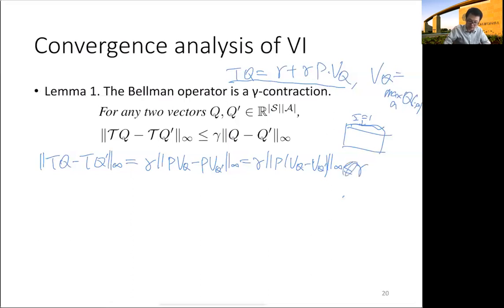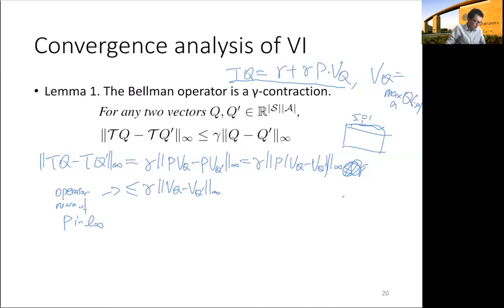So we can bound this by the L infinity norm of VQ minus VQ prime, by applying the operator norm of P in L infinity. This can be calculated easily by considering that every row of the matrix P sums to 1, and working this out coordinate-wise for every element of the vector.